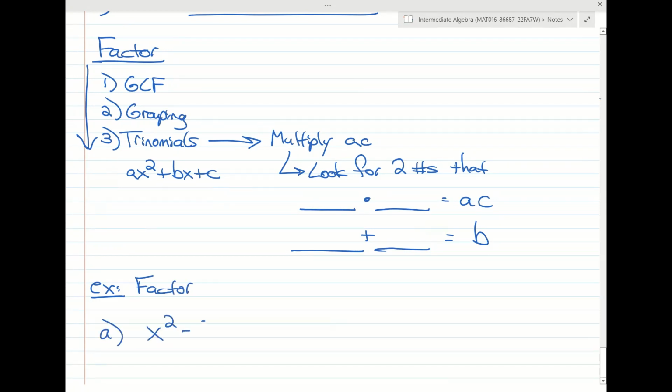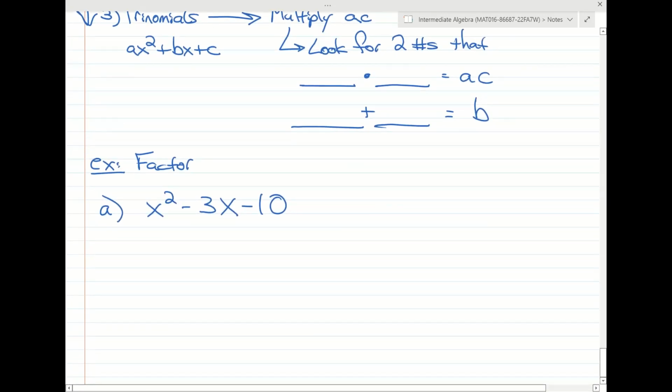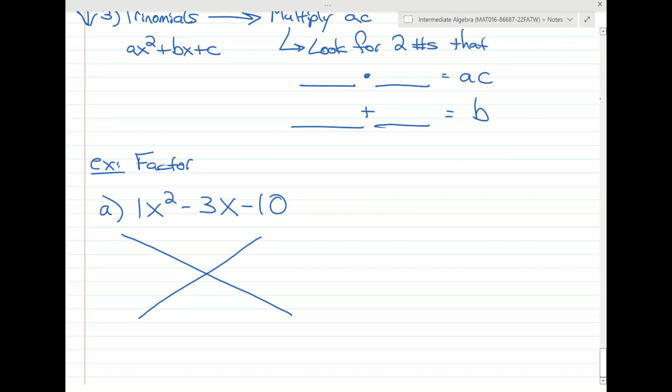And let's say we had x squared minus 3x minus 10. What we're going to do is I typically make an x like this, and I multiply the AC, meaning 1 times -10 is -10, and I put the middle value on top.